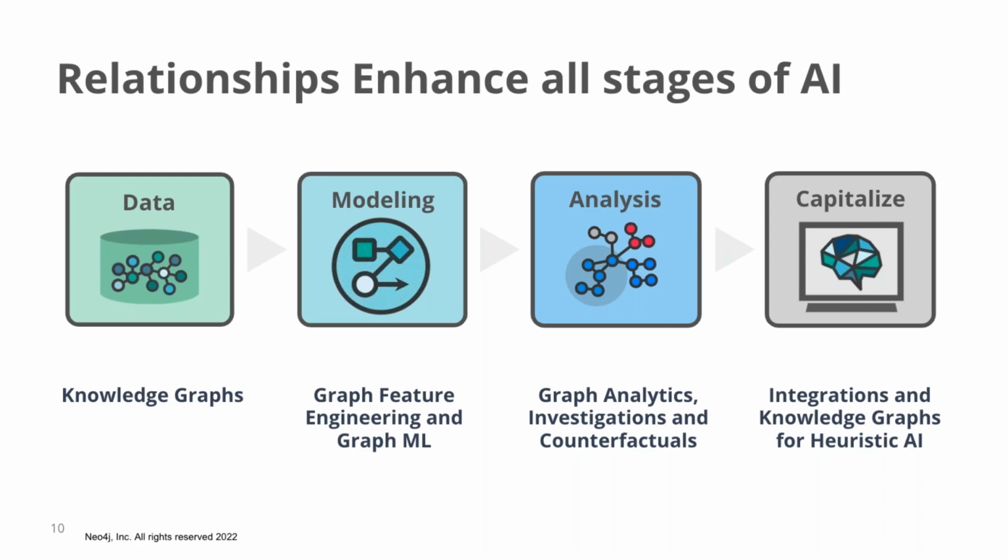So if you think about relationships, the relationships make it possible to capture the data and then capture the knowledge from the information that we gather from the data, and infer or derive relationships or semantics from that data.